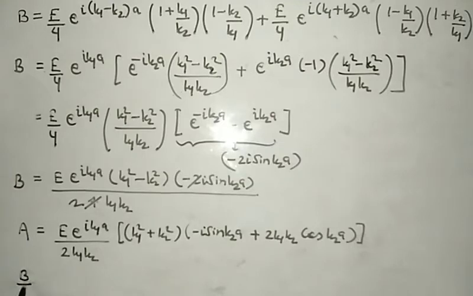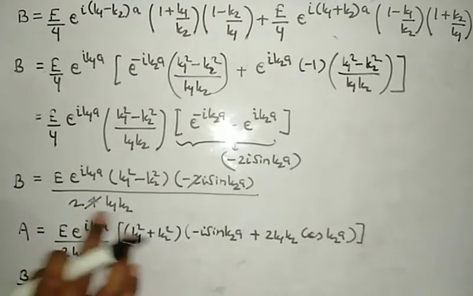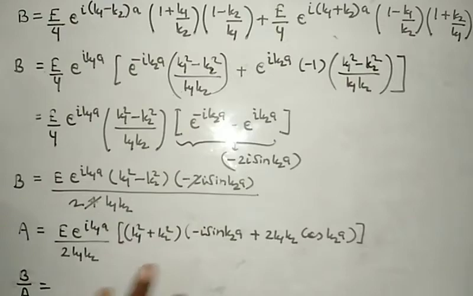So when we find b by a, this term will be cancelled out, this e to the power i k1 cancels out, and 2 k1 k2 b cancels out.